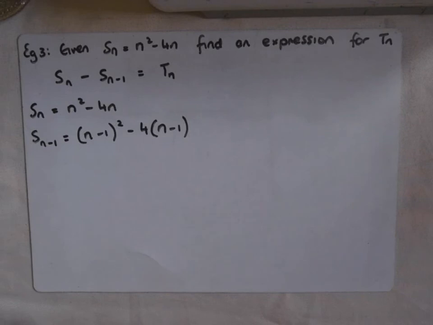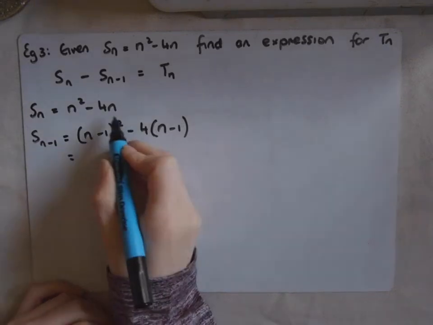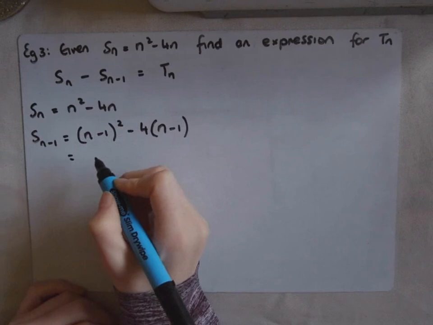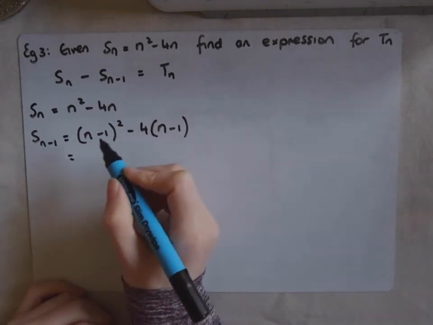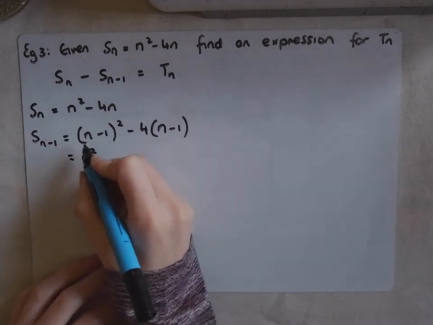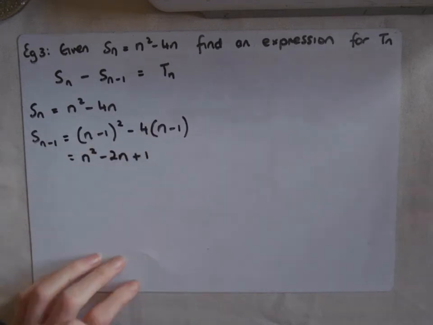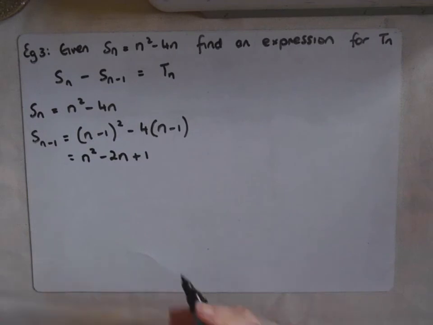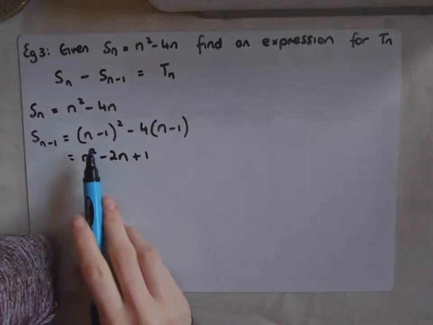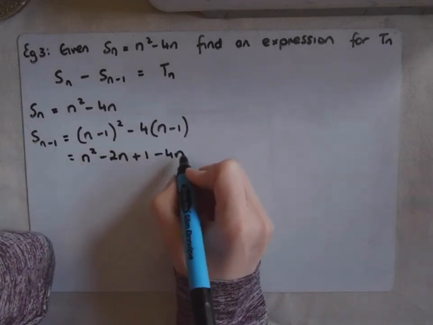We're squaring out brackets, so you either write the bracket out twice and do first number, second bracket, second number, second bracket, or square the first, product of the two multiplied by 2, so that's minus 2n, square the last, plus 1. So n squared minus 2n plus 1. And here, minus 4 by n, and minus 4 by minus 1. So there's our S of n minus 1.